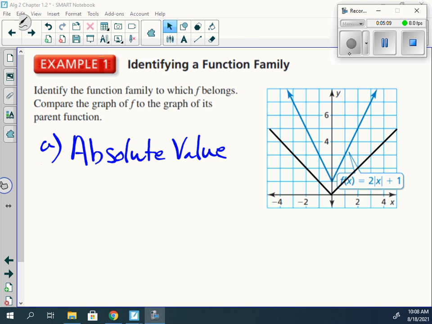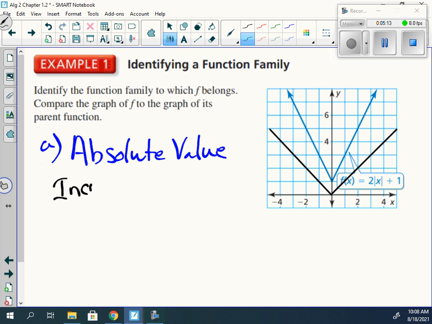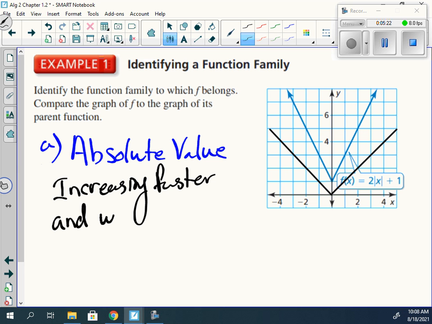What we would say is that it's increasing faster and was moved up, because the whole graph was moved up.